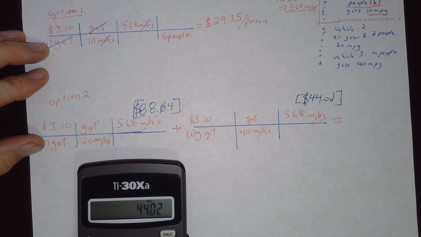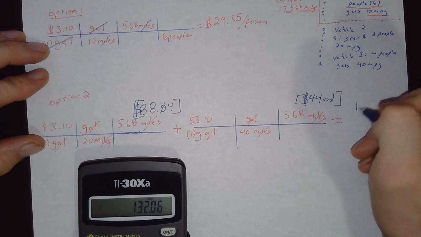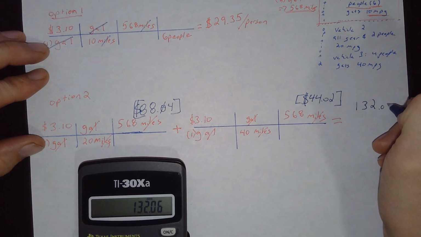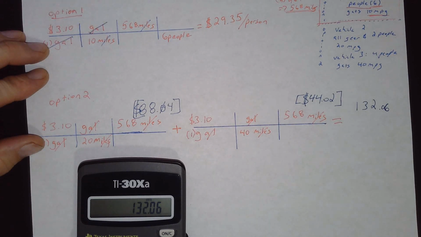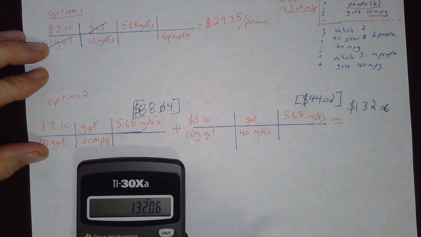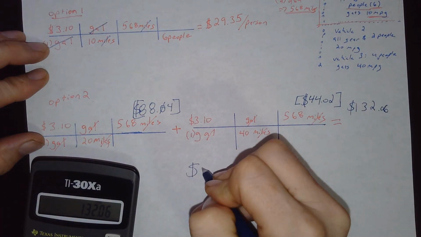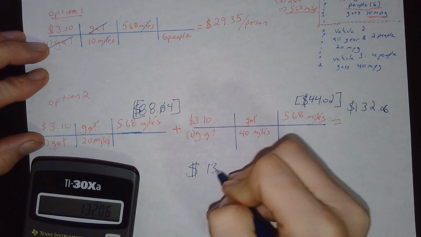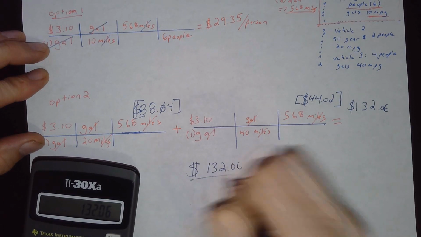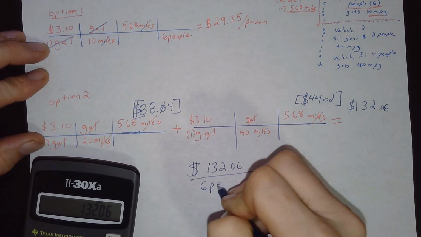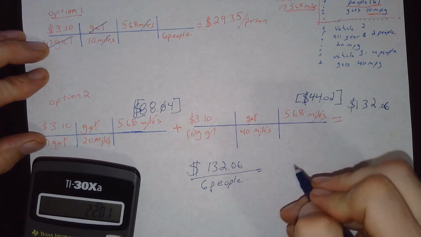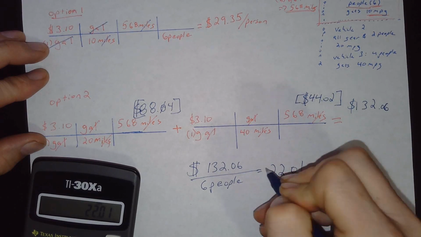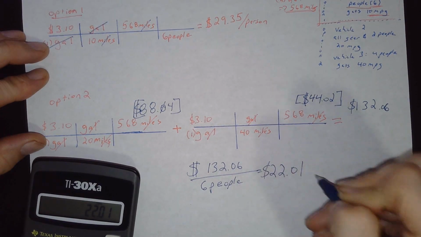Add those together. Equals $132.06, and then divide that by our 6 people. So 132.06 divided by 6 people equals $22.01 per person.